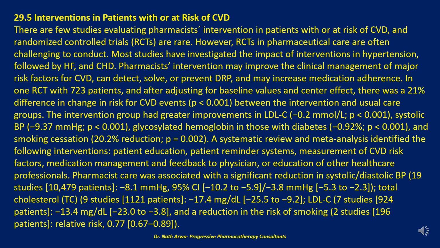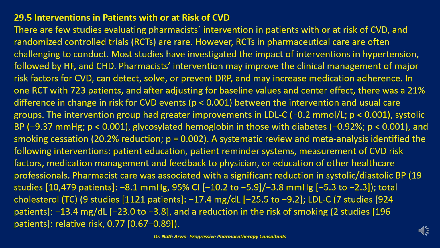In one RCT with 723 patients, and after adjusting for baseline values and center effect, there was a 21% difference in change in risk for cardiovascular disease events, with a p-value less than 0.001 between the intervention and usual care groups.